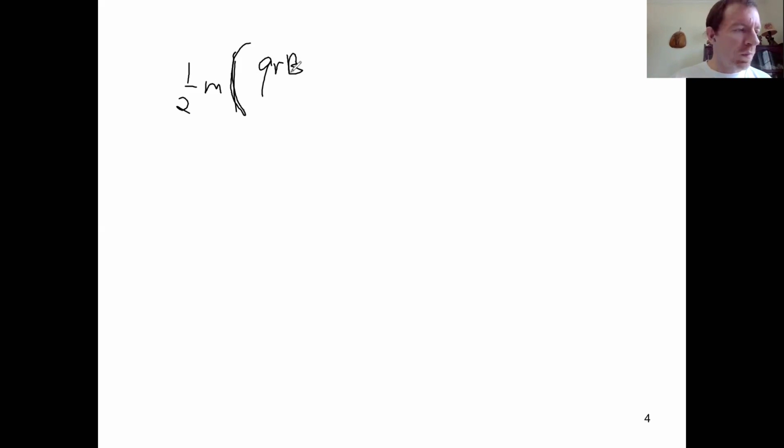So let's see. The last expression I have said that 1/2 m times, that's supposed to be parentheses, qRB over m, squared, is equal to Q delta V. Okay.